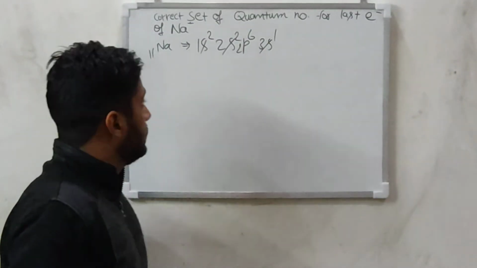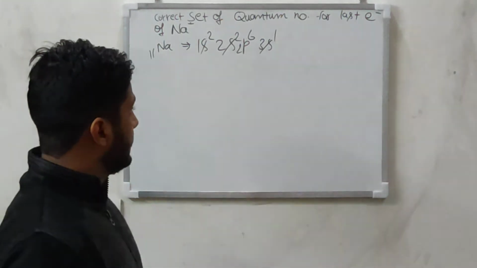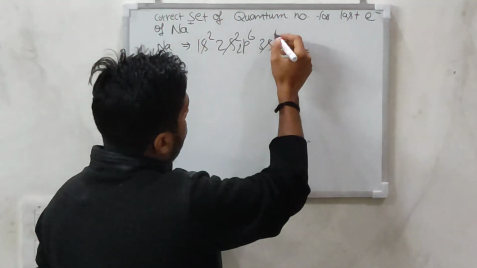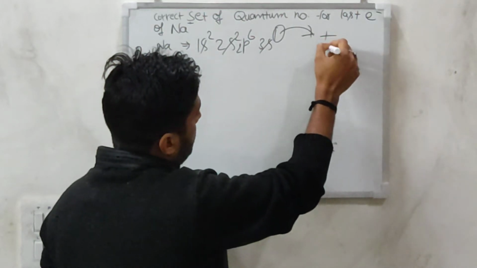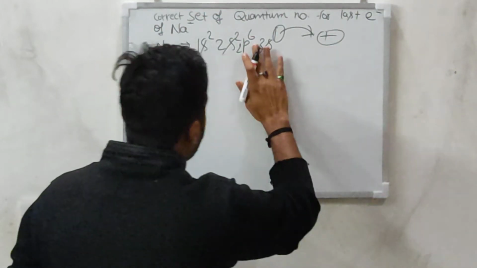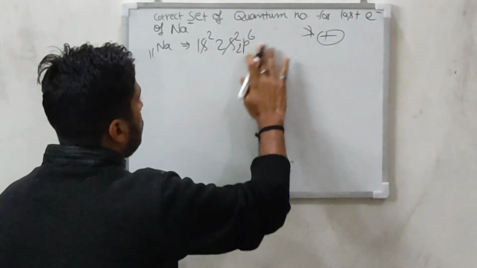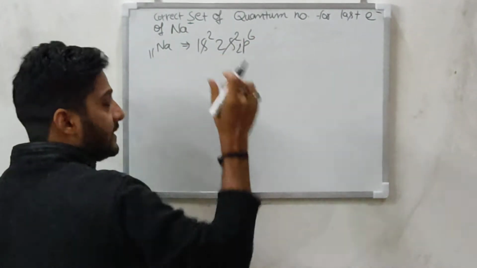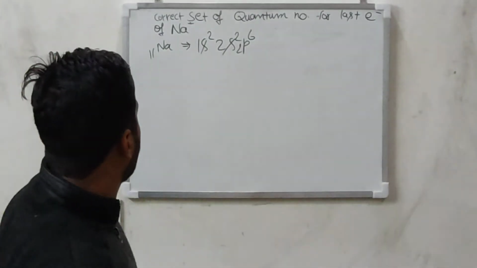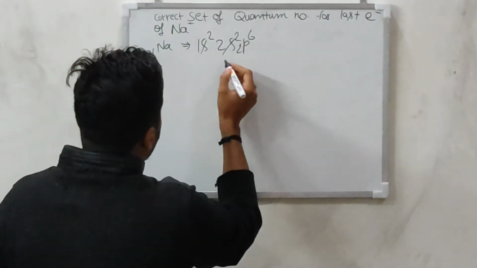In case of sodium plus, this one electron of 3s will be removed. Then the electronic configuration will be 1s2, 2s2, 2p6. That will be enough.